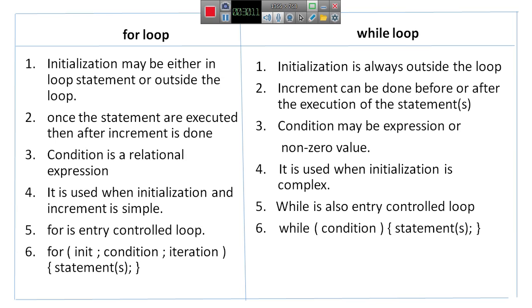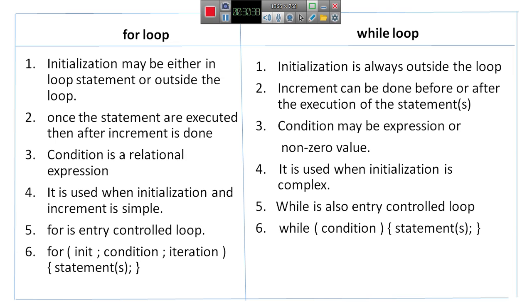The for loop is used when initialization and increment are simple. The while loop is used when initialization is complex. For example, in a simple way, print 1 to 10, 1 to 20, 2 to 20, 1 to 50.